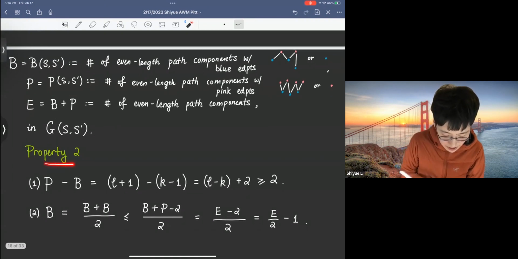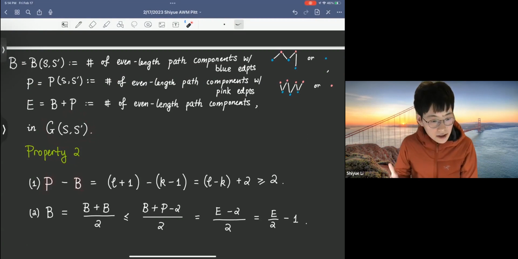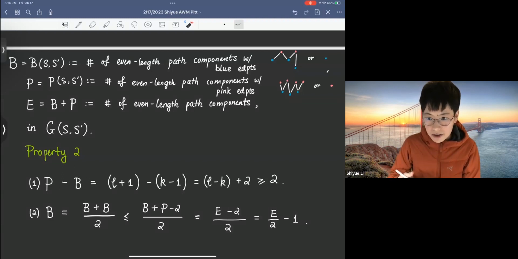The second property that I want to deduce about this graph is that the difference of these two numbers exactly counts the discrepancy between the independent vertices that are colored red from the beginning and the independent vertices that are colored blue.